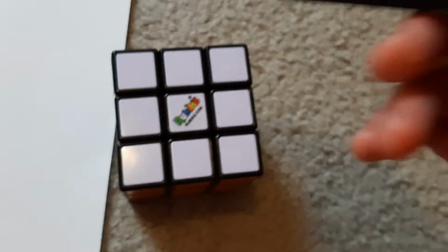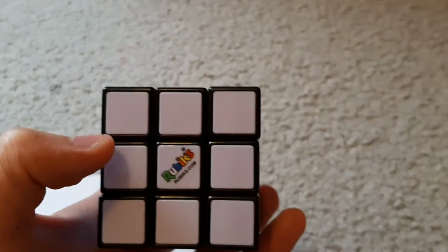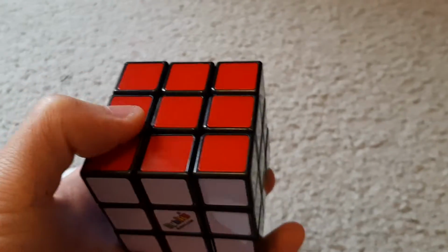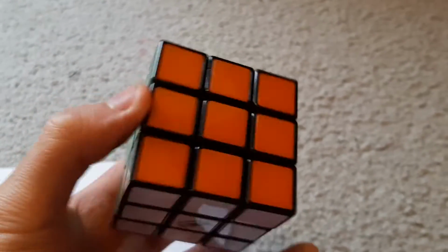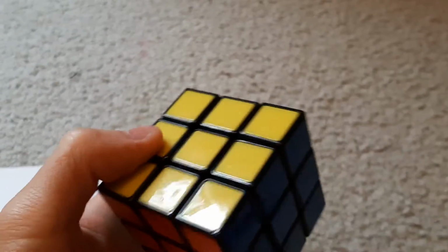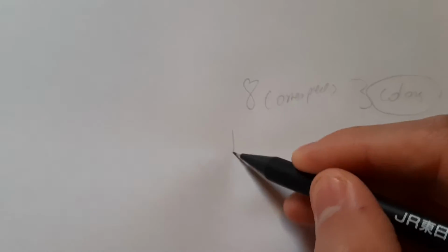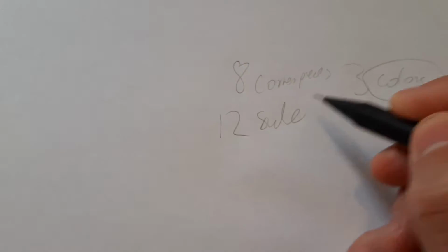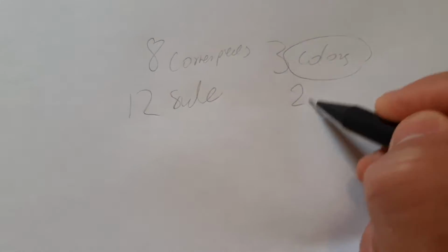It might be a bit trickier to count the side pieces, but there's 1, 2, 3, 4, 5, 6, 7, 8, 9, 10, 11, 12. So there's 12 side pieces, and they have 2 colors each.